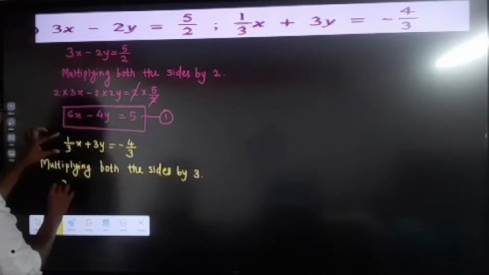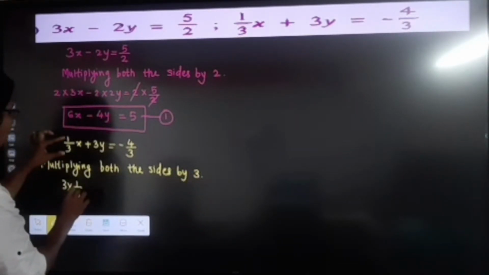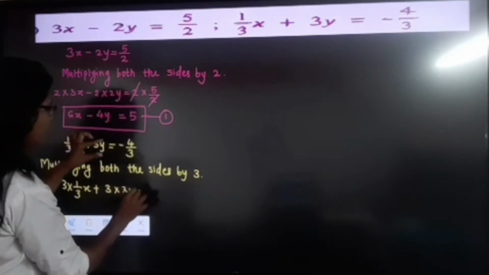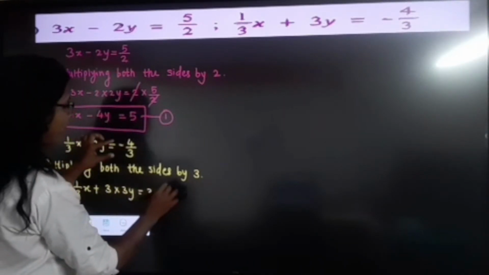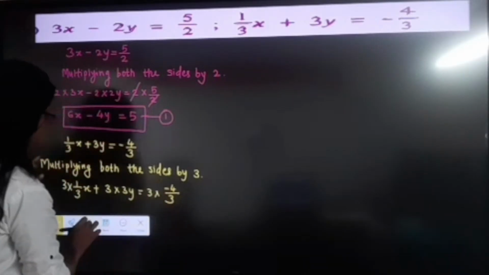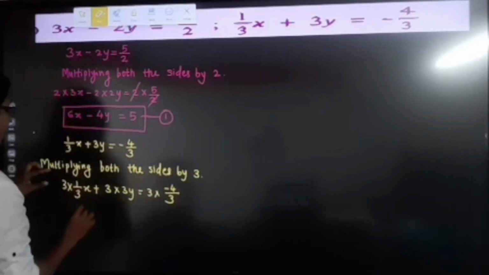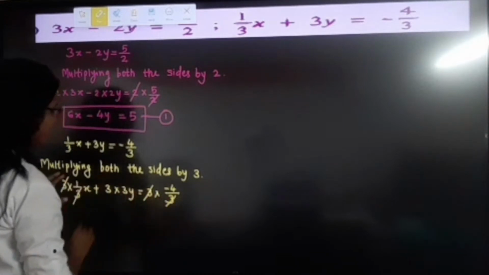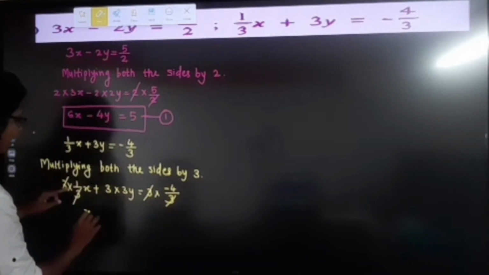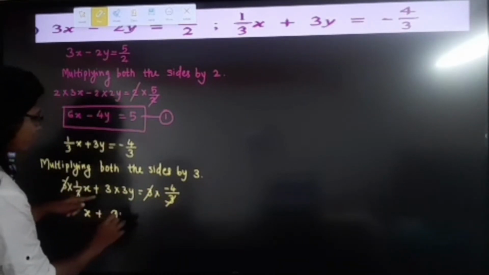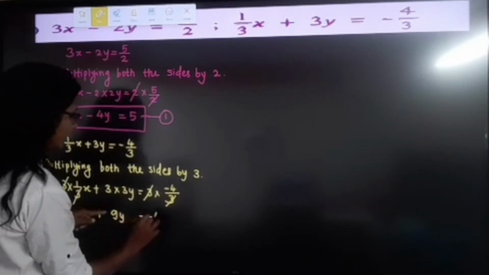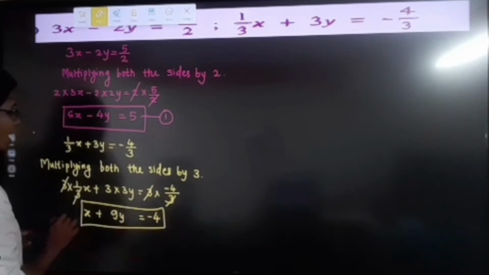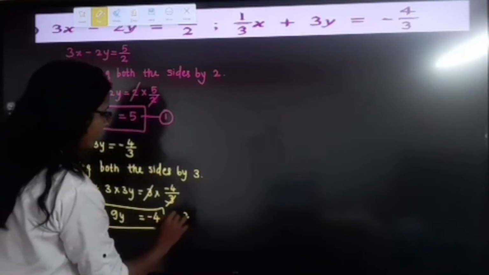So 3 multiply 1 upon 3x plus 3 multiply 3y is equal to 3 multiply minus 4 upon 3. So that means students, here the 3 gets cancelled, here also 3 gets cancelled, and the remaining terms are x plus 9y is equal to minus 4. Okay students, so this one is called the second equation.